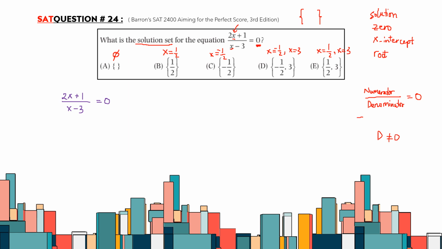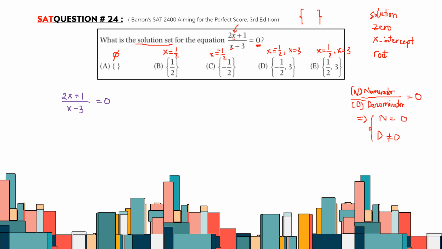So we can imply that the numerator equals 0. I'll call the denominator D for short and N for the numerator. In this case we know that the denominator has to be different from 0.